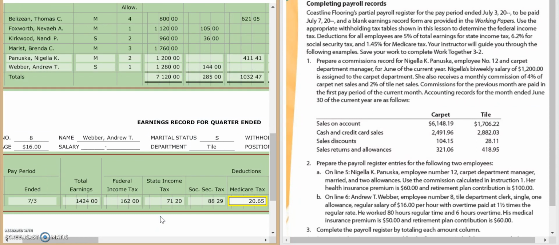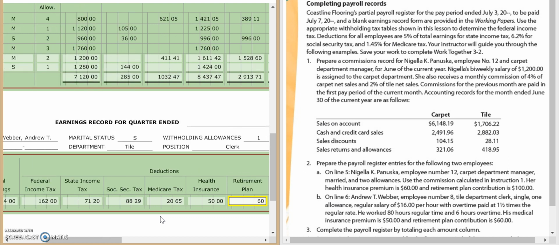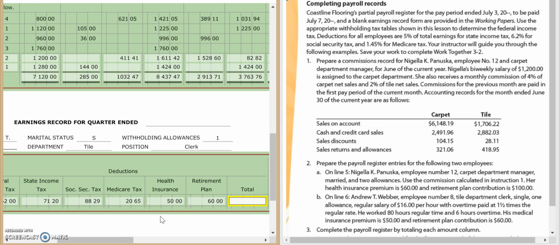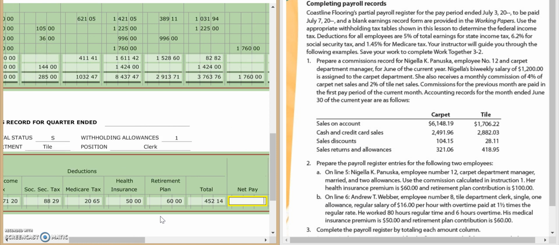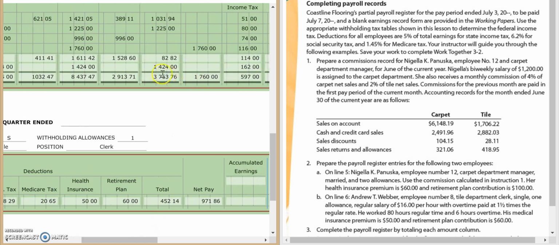Medicare was 20.65. Health insurance was 50. Retirement was 60. His total was 452.14 for his deductions, which meant that his net pay was that 971.86. So all that information is just coming specifically from the payroll register we just filled out.